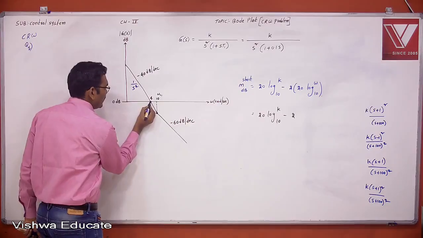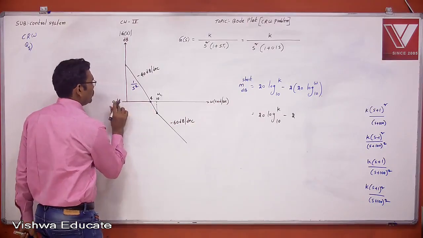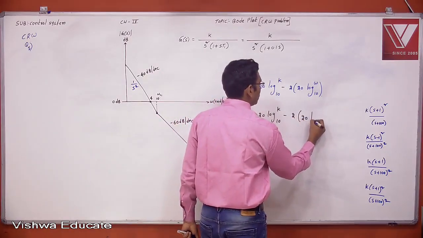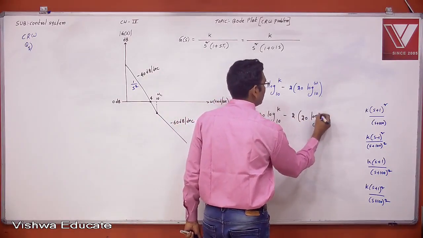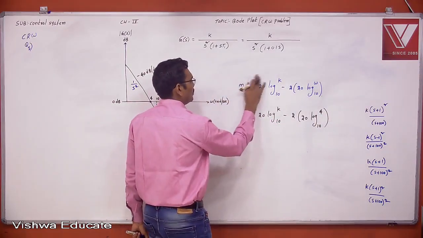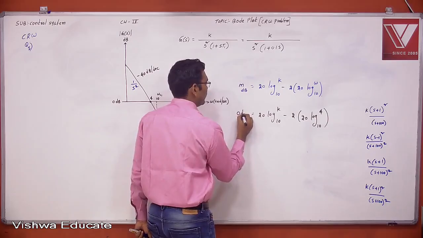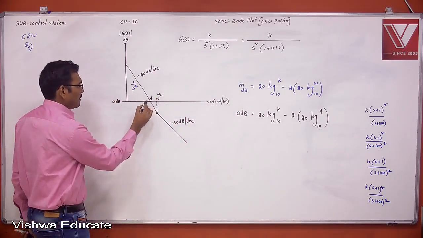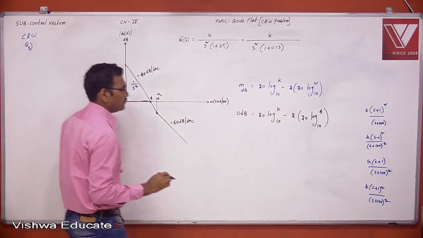At this particular frequency the magnitude is 0 dB. So when I use this frequency of 4 radians per second, this magnitude will be treated as 0 dB, because at 4 radians per second the magnitude is 0 dB.